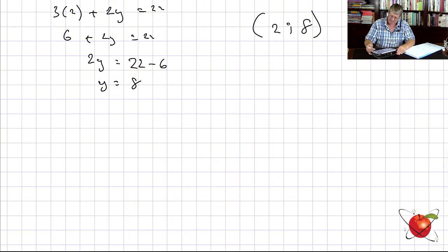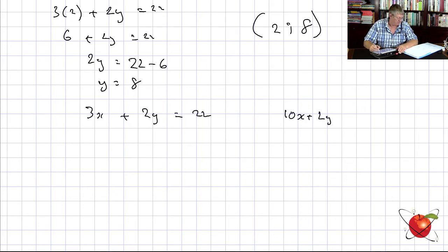Now, if I'd done it the other way, okay, so let me get my equations. 3x plus 2y equal to 22, and 10x plus 2y equals 36, okay? Let's say choose x. Let's say I make a mistake in my choice.